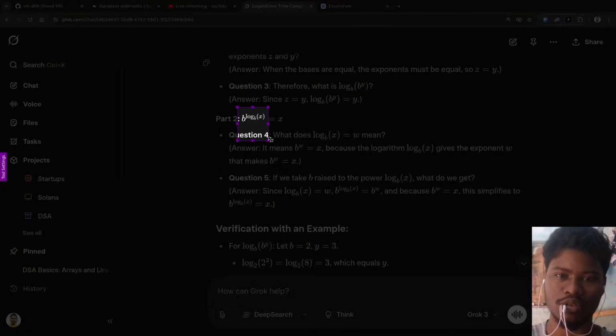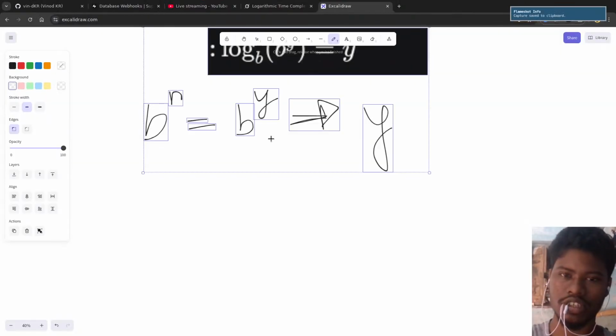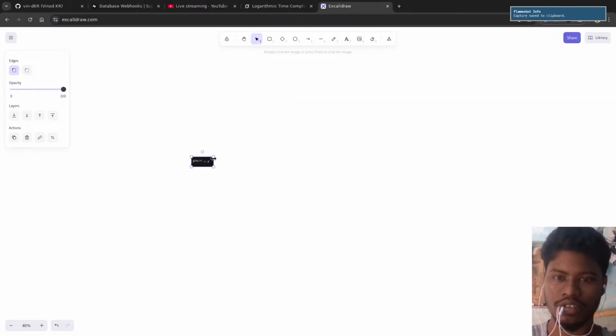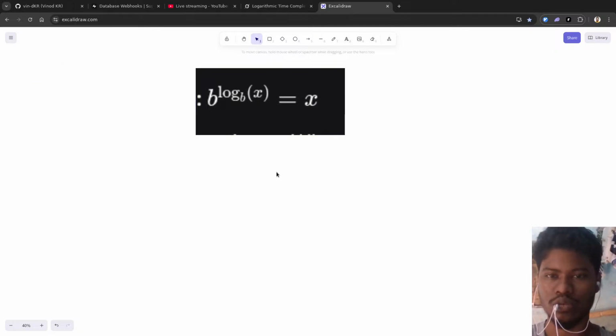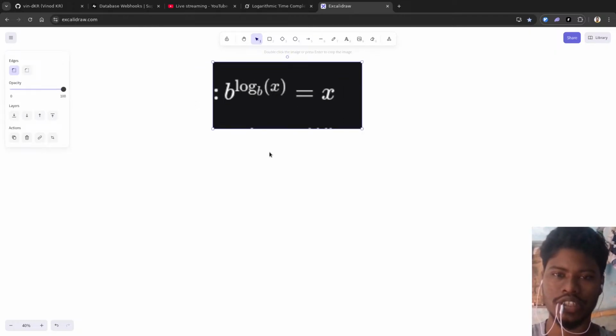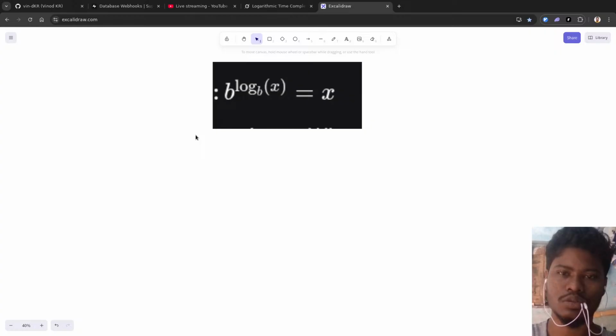Now let's understand this one, the bigger picture. So what is happening here is p raised to the power log p of x. There is no power in the main function. So what would happen here is p raised to the power log x, base p.